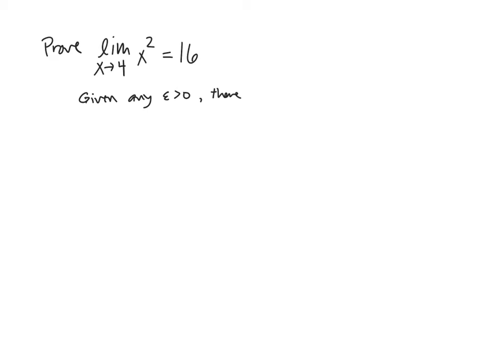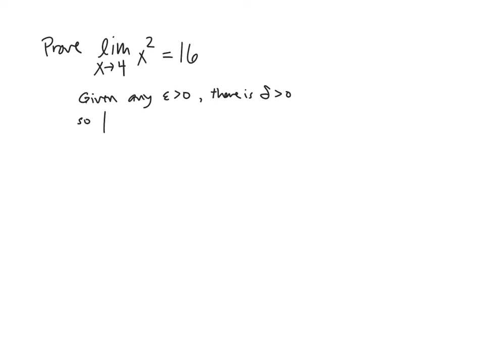Here's another one. The limit as x approaches 4 of x squared equals 16. I want to prove that statement. And so to do that, again, I'm going to say, given any epsilon greater than 0, there is a delta greater than 0.